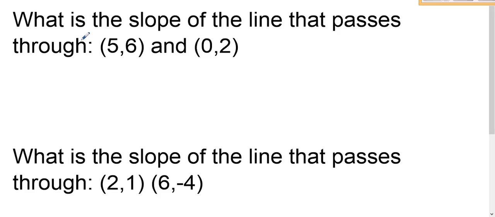So the line that passes through 5, 6, and 0, 2, we need to get the slope. We're going to use the slope formula, which is on our very first page of our notes: y2 minus y1 over x2 minus x1.